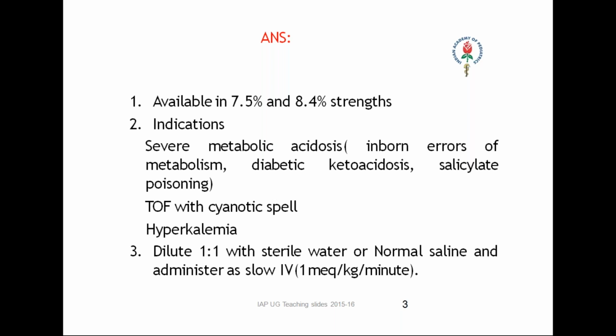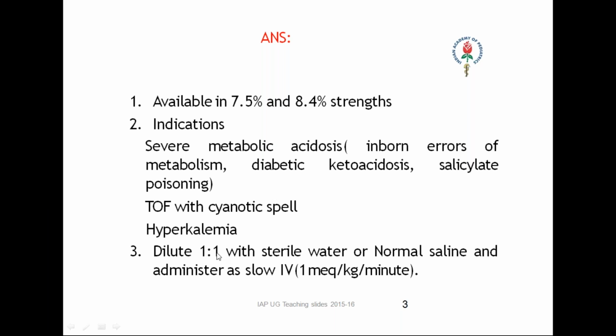What are the other indications where you will use this sodium bicarbonate? Sometimes during exchange transfusion we may use it in neonates also, apart from indications like acidosis, inborn errors of metabolism, salicylate poisoning. And also an important use is in the management of hyperkalemia, and tetralogy of Fallot with cyanotic spell.